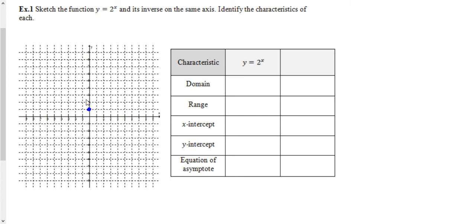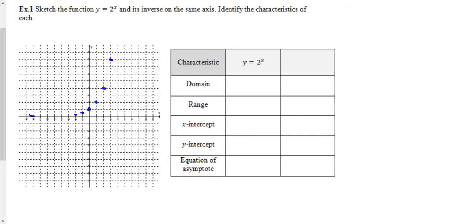In this case, if our base is 2, our first one here is x = 1, y = 2; x = 2, y = 4; x = 3, y = 8 should be right up here. And of course, if we went to the negatives, x = -1, we're at a half, and x = -2, we're at a quarter.